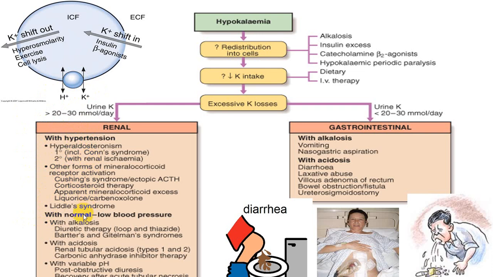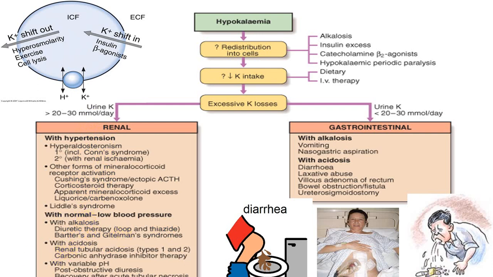But the condition where blood pressure is normal or low and person has renal losses, it is very commonly seen with alkalosis, and this particular is seen very commonly if the person is on loop diuretics like furosemide or on large doses of thiazides. And also it is seen very frequently in a person with Bartter syndrome or Gitelman syndrome.